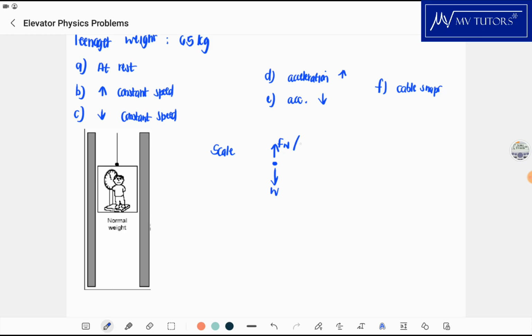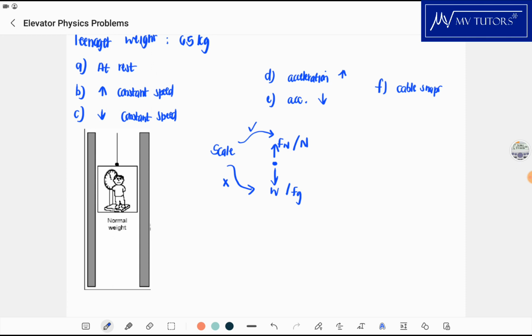So the scale doesn't always read the weight force, but what does it read? It reads the normal force. That is why, if an elevator is accelerating upwards or downwards, you're not going to get a reading of the weight force.